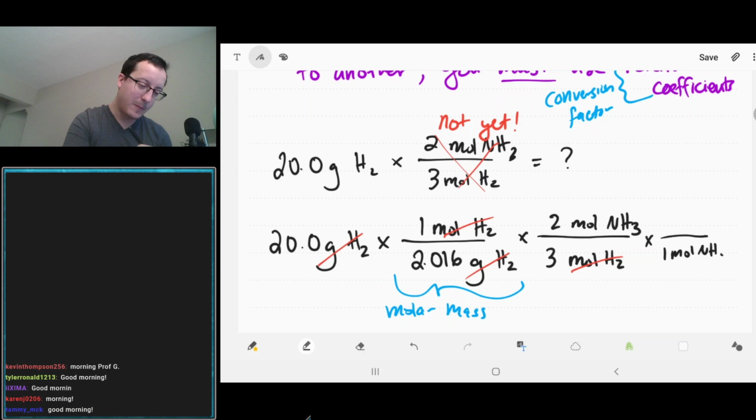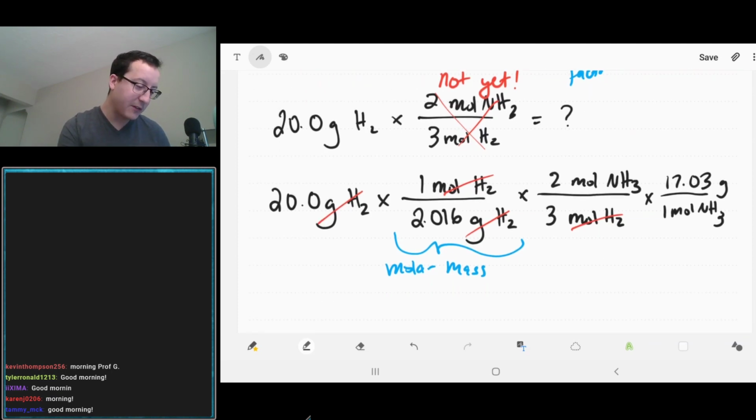We know that ammonia can be converted into grams. What's its, 17.0? Let's see, 2. No, it's 3, something like that. 17.03 grams, I don't know. Something like that. Tyler can double check, I'm sure. Or Kevin, rather. Kevin is our guru of Chem 111.